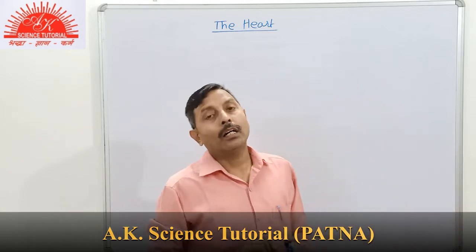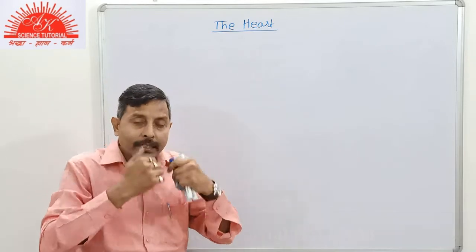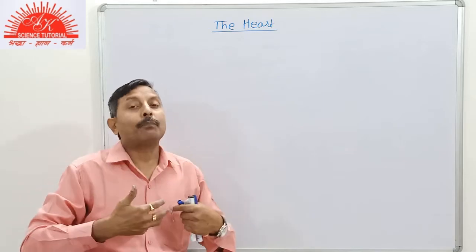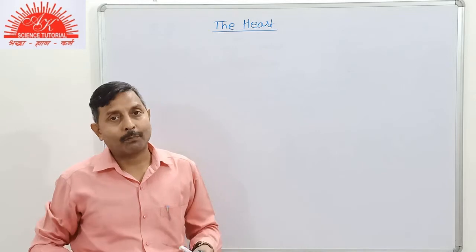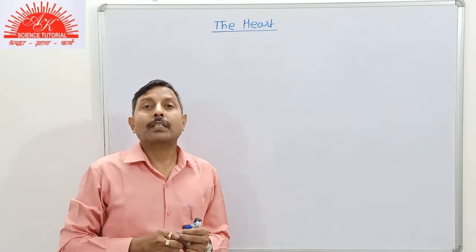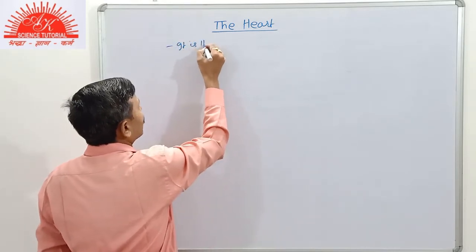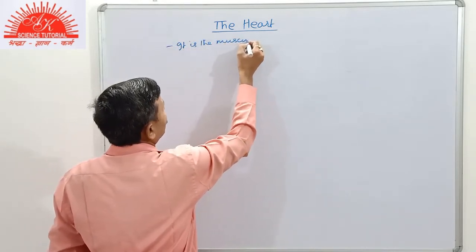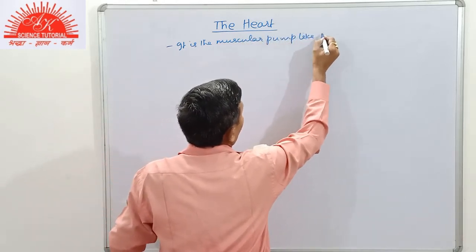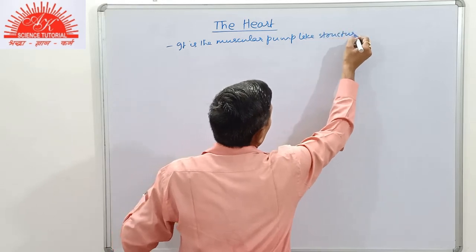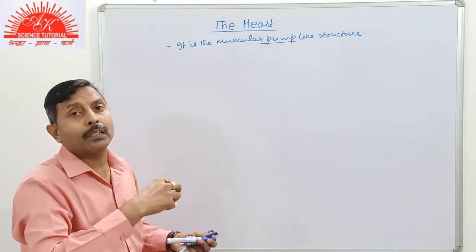The heart is a muscular pump-like structure which receives blood from different parts of the body and again pumps it to the different parts. We have written here pump, that is receiving and pumping the blood to different parts of the body.